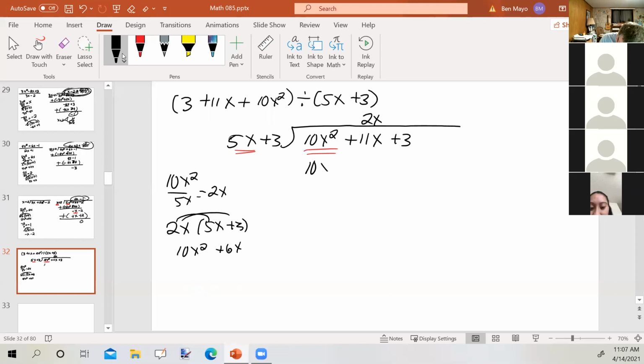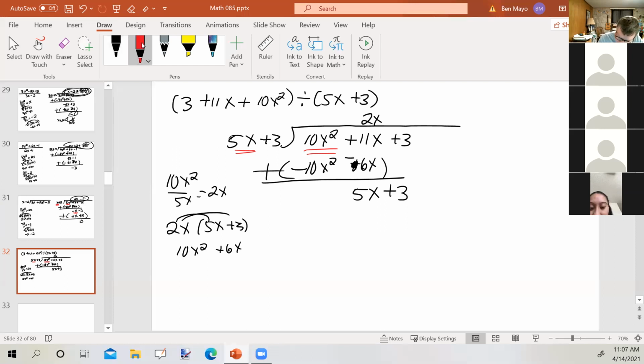We subtract that quantity from what's up above, changing it to addition of the opposite. 10x squared plus negative 10x squared is 0x squared. 11x plus negative 6x would be 5x. Bring down the next term, plus 3.